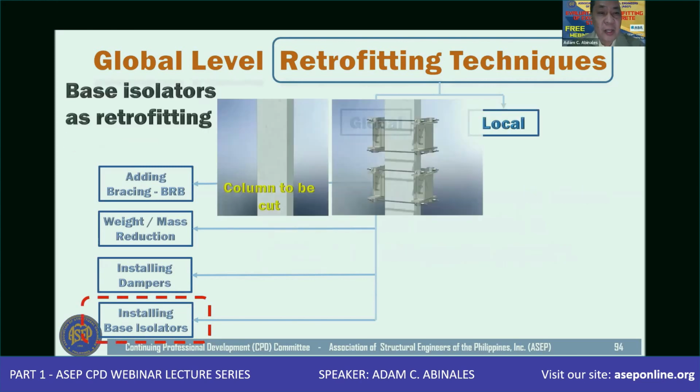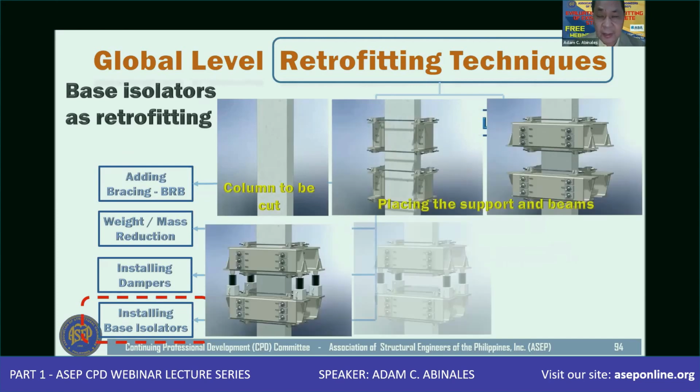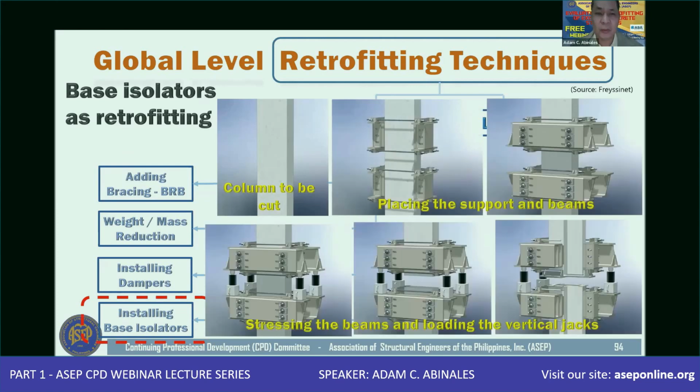So base isolators, if you use them for retrofitting, because you might think, how can you retrofit a building using base isolators if it's already existing? In almost all cases, you can use base isolators when you are starting a new building. But basically we can do base isolation for an existing building. Say, for example, you have a column to be cut.